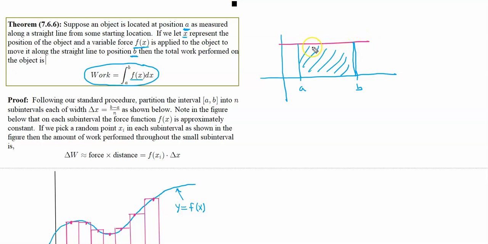So it's not shocking then that if this curve varies as we're moving the object, say like this, then the work is still going to be the area underneath our force curve. So it makes sense. Let's take a look at the proof.